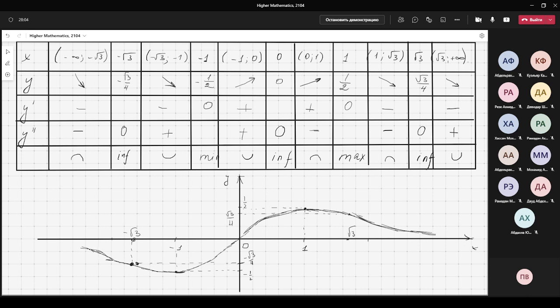Don't forget about the asymptote. It is our graph.